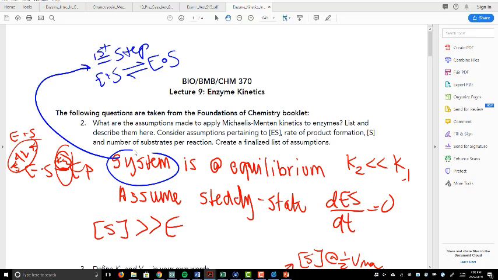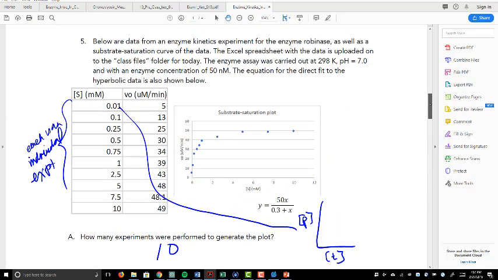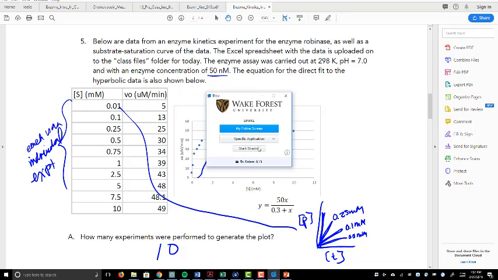So if we look at the data, you should be able to predict, based off this plot, what would you predict the Vmax is? So that's one way. If you have the plot, you could estimate it based off the highest number for the V naught. But also, if you just have a plot, not a table, you should be able to predict it by where it levels off and flattens out. Yeah. So it should be about 50.